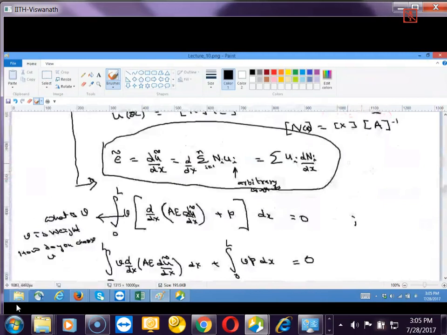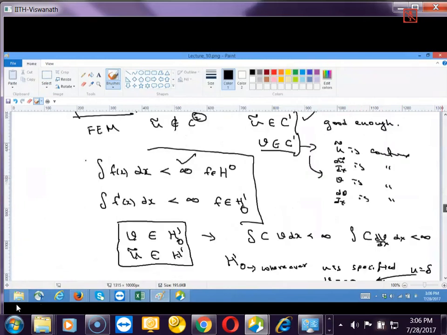Here I can as well write it as some B times u. In our case epsilon is equal to du by dx.